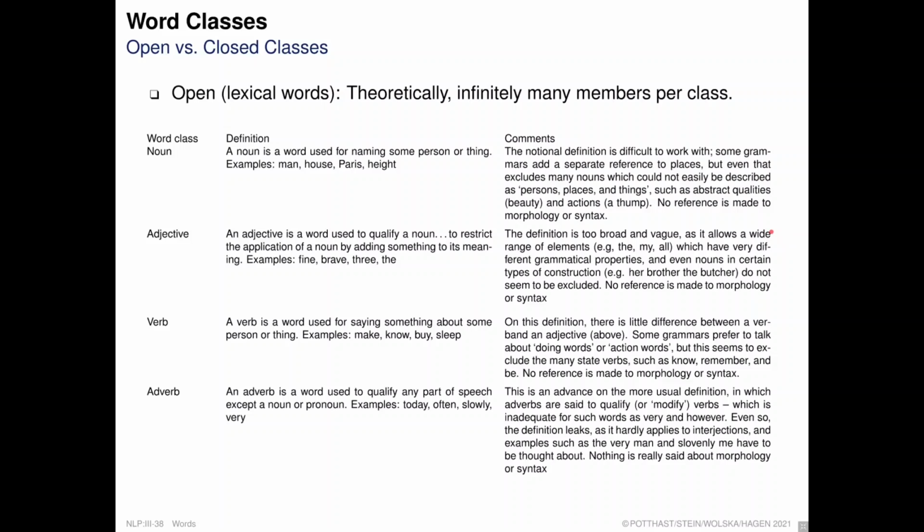For instance, you could ask, if it's qualifying a noun or restricting it by adding some meaning, maybe my is also an adjective. Well, how about the? The restricts the application of a noun and adds the meaning that says, oh, that's this specific thing as opposed to any other thing.